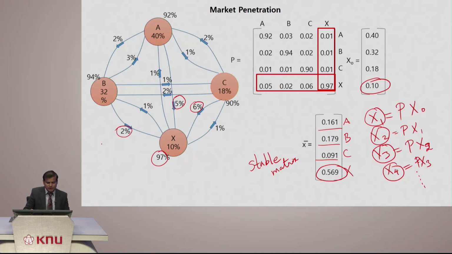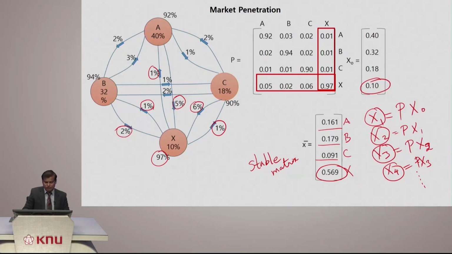But the percentage moving out is only 1% here, 1% here, 1% here. Only 3% were moving out from X. If you calculate the values, the number of customers from other brands moving in is more than those moving out. So that contributes a lot to why this huge change has happened.